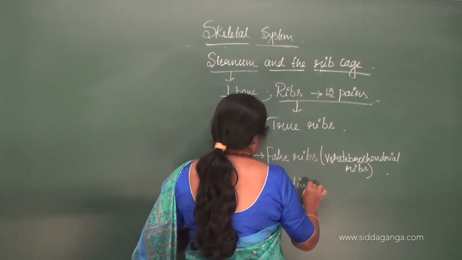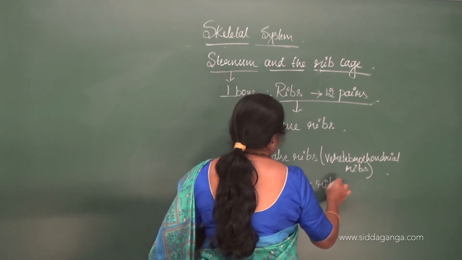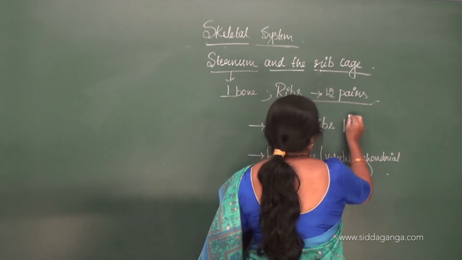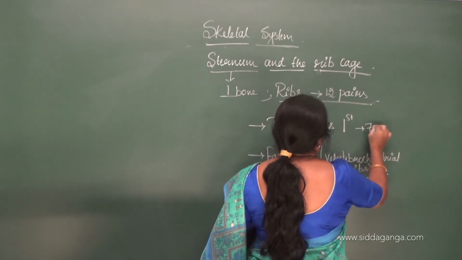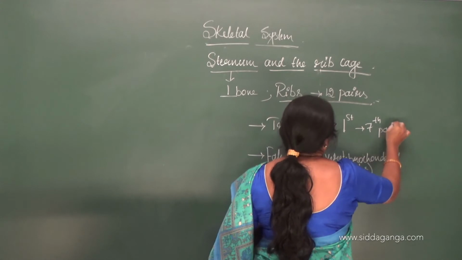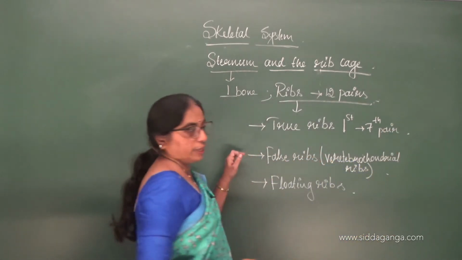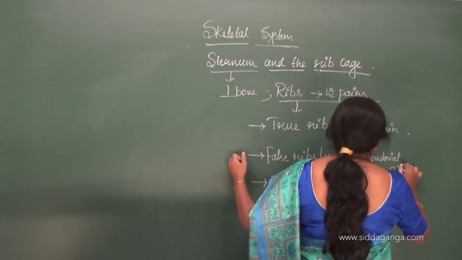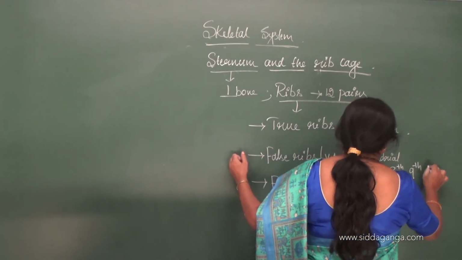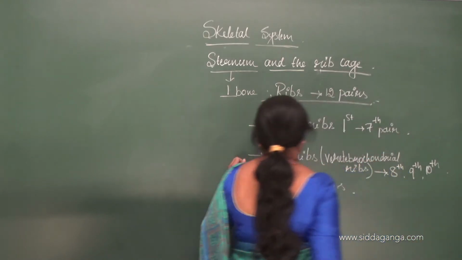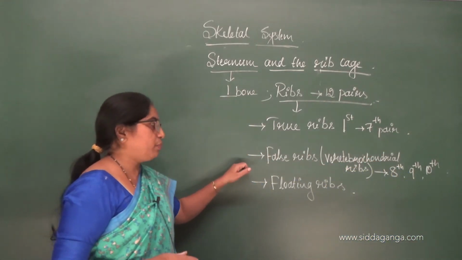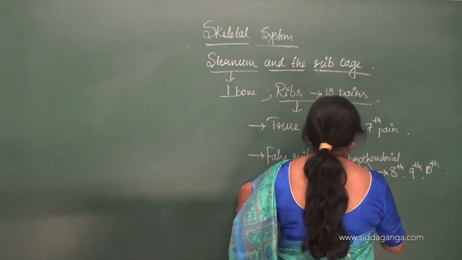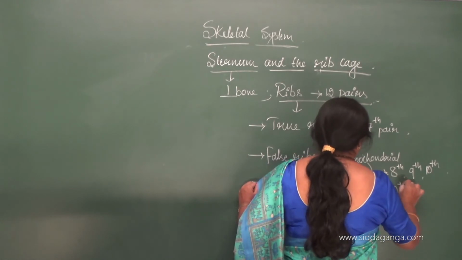The true ribs are the first pair to the 7th pair. You call them the true ribs. The 8th, 9th and 10th pair are referred to as the false ribs or the vertebrochondrial ribs, and the floating ribs are the 11th and 12th.